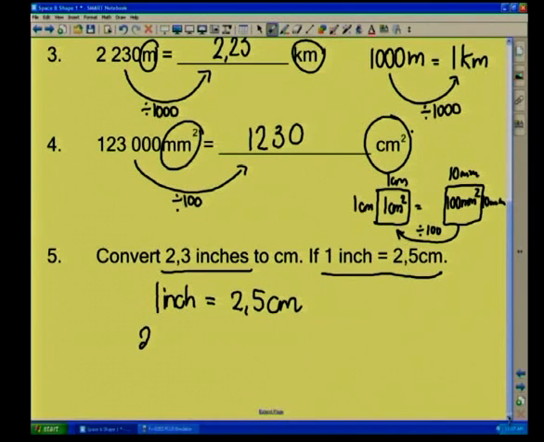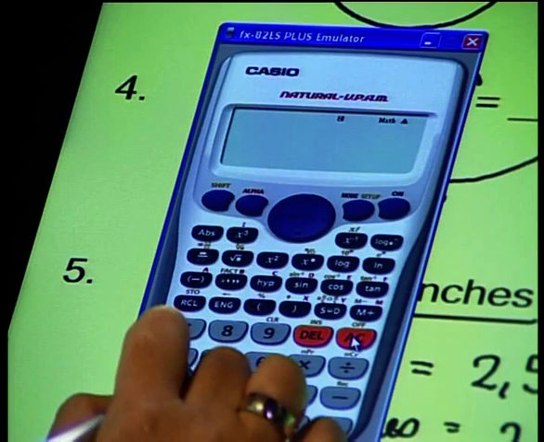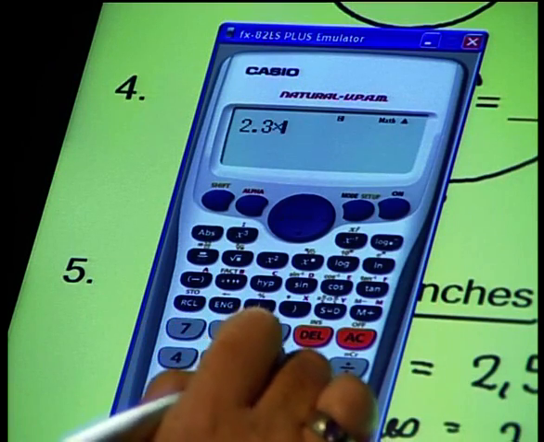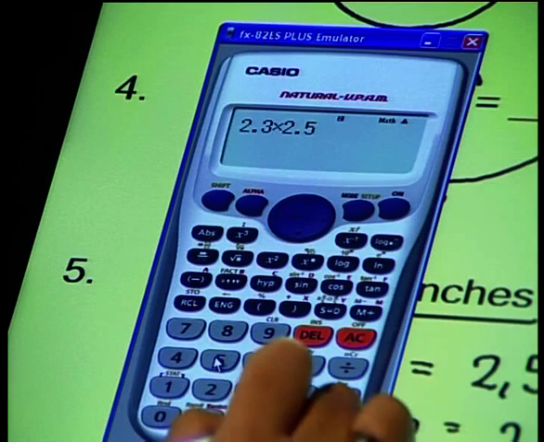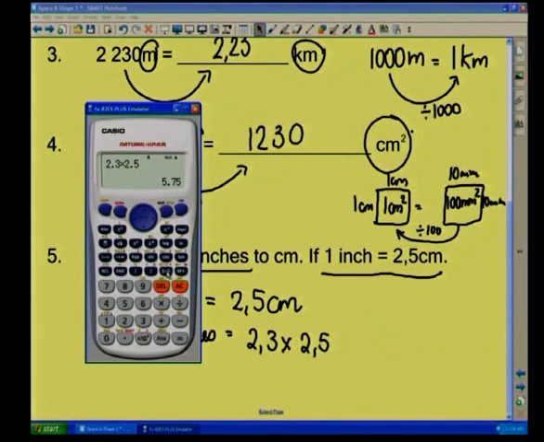And so if I've got 2.3 inches, I need to say 2.3 times 2.5 because I've got 2.5 lots of 2.3. And if we do that on my calculator, it's going to be 2.3 times 2.5, giving an answer of 5.75.